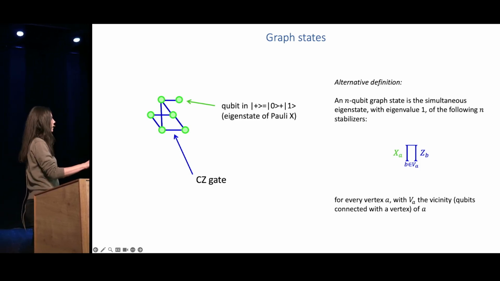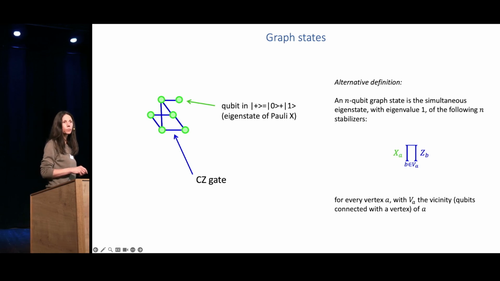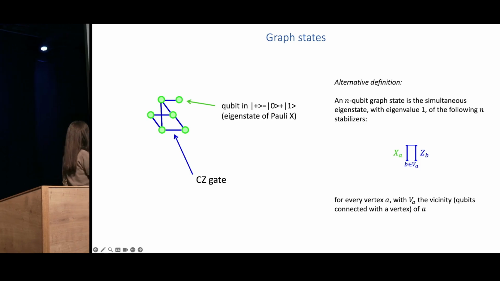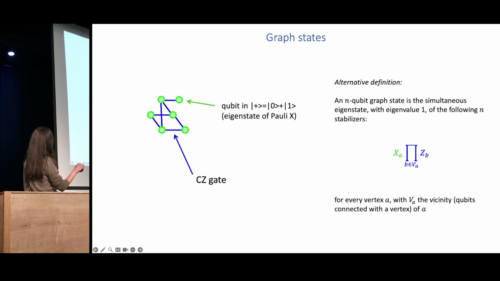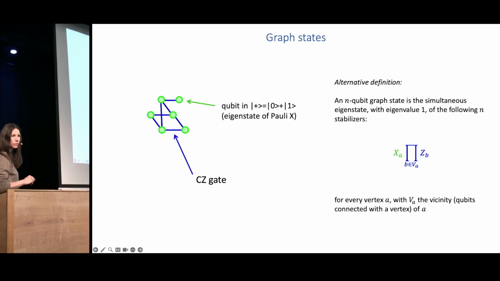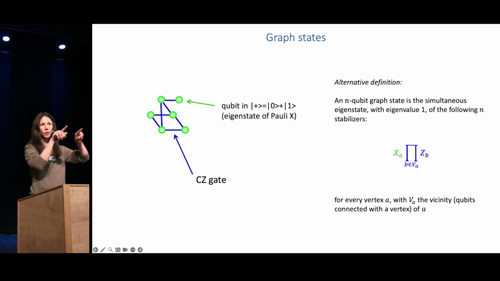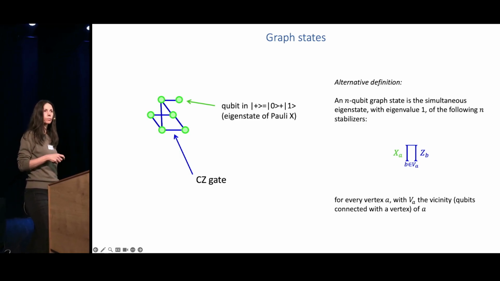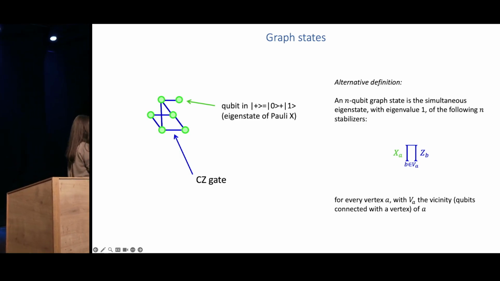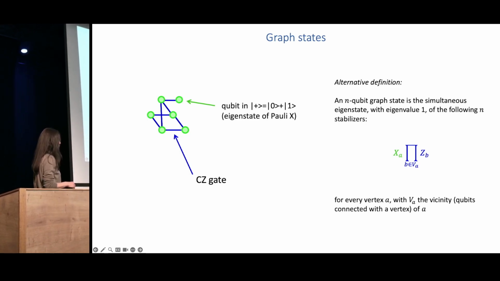My stabilizer has X for that particular qubit, and for every neighbor it has, so this one, for example, is connected to 3 other qubits, I'm going to have a Z. So here, for example, I have X, Z, Z, Z. For this one that only has one neighbor, the stabilizer would be X, Z. Okay, so the weight of the stabilizers changes depending on the neighbors, but the form is the same. I have one X for every qubit and a Z for the neighbors. Again, you can check that this satisfies the equations we saw.